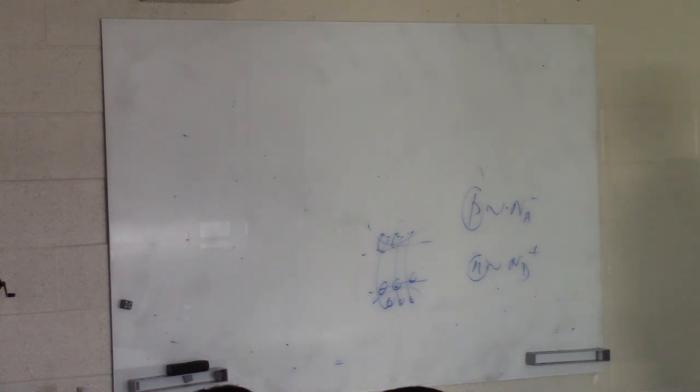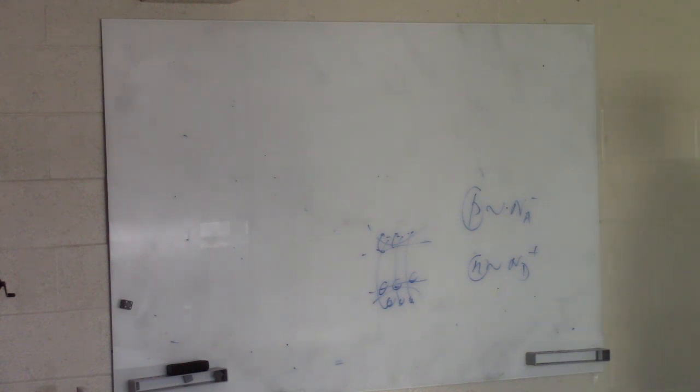So that means you are depleted of holes here, depleted of electrons here. Previously, what was the total charge here? 0. Now you lose these positive holes and negative electrons. So that means this part is negatively charged, this part is positively charged. That's why you have the electric field in that direction, right? So that's what this is.